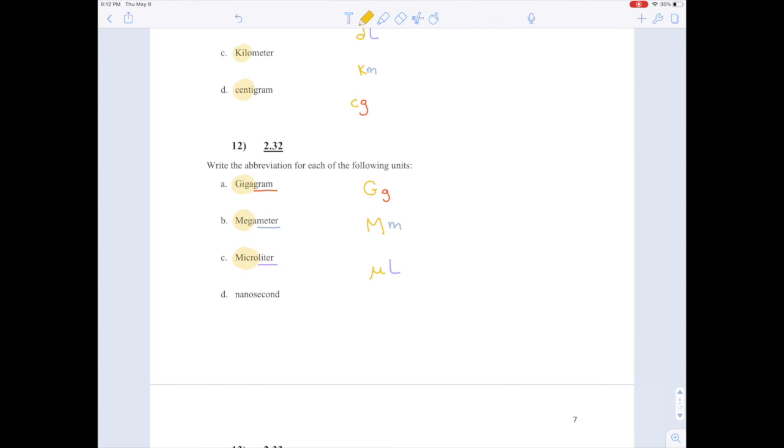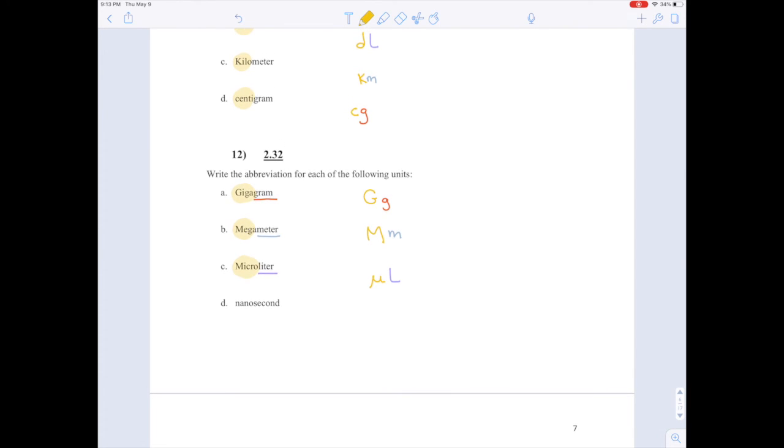A mu. It sort of looks like a U, but with the tail on the left side. So mu, and that's microliters, millionth of a liter. You scoop a microliter out, it looks like there isn't even anything there. You could barely see it with the naked eye. But it's often used in research.